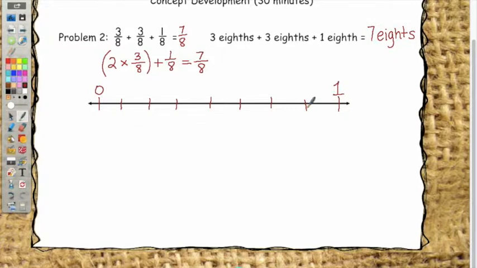Okay, now I want to go ahead and just write this fraction right here. 0/8. So what am I adding together? 7/8? No, I'm not. That's my answer. 3/8 plus 3/8 plus 1/8. So watch me. I'm going to count 1, 2, 3.